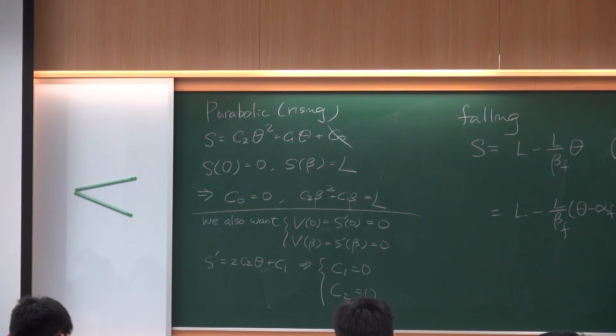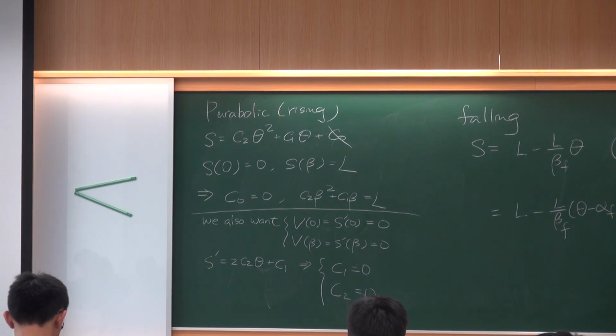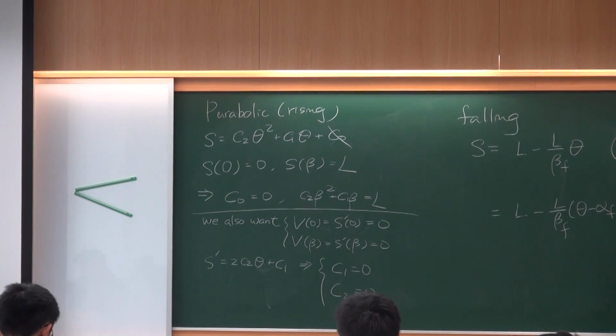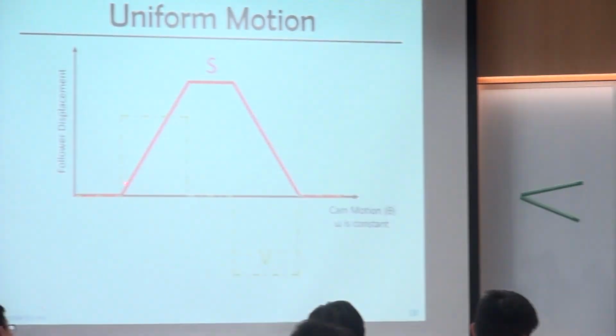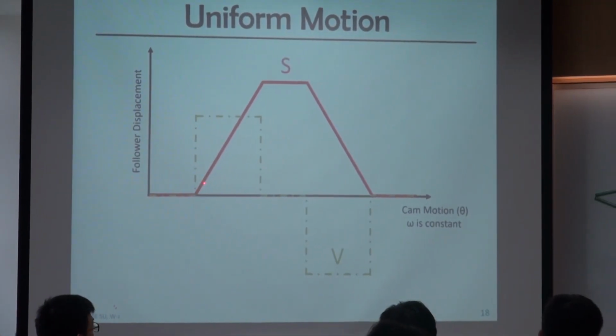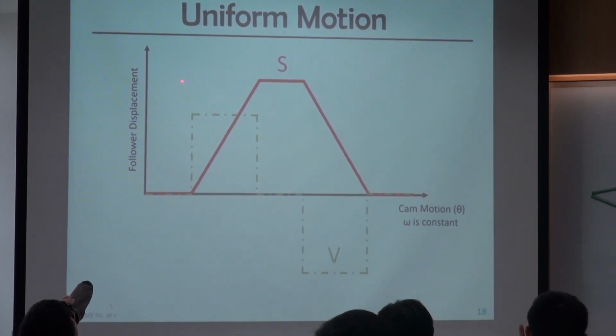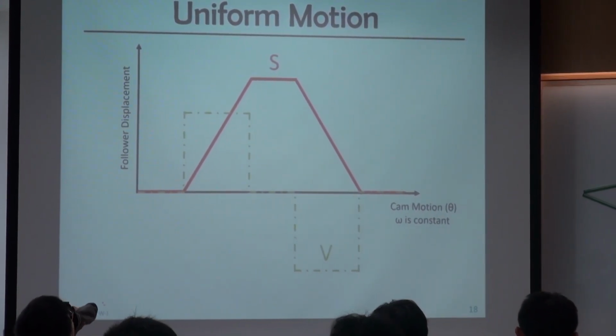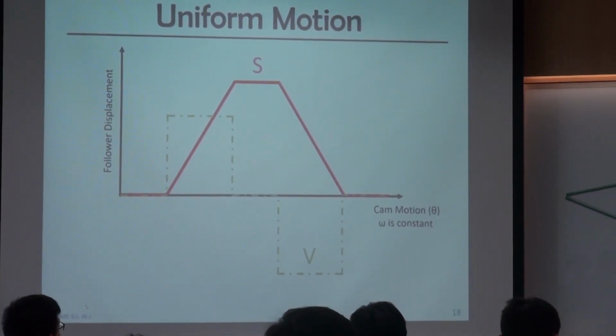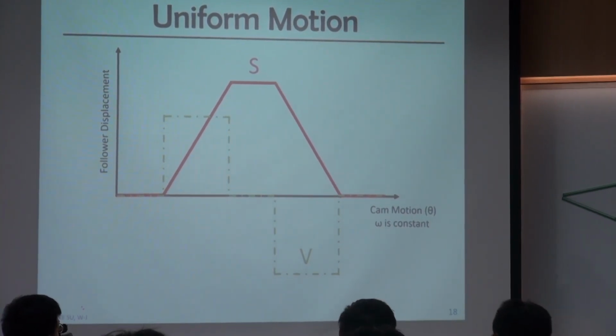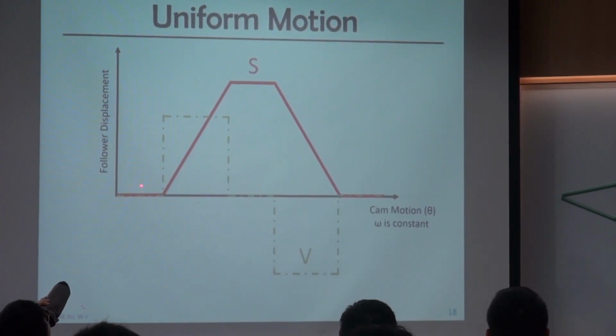So if this happens, when we define the acceleration at this moment, the velocity is not continuous. The discontinuous velocity will cause infinite acceleration. So we want to prevent this.